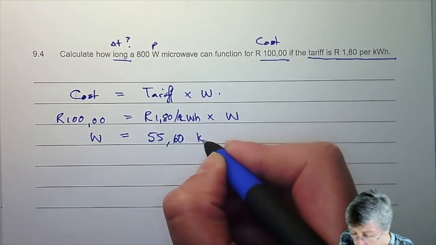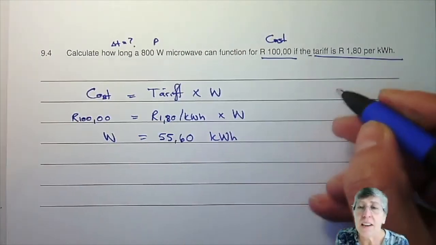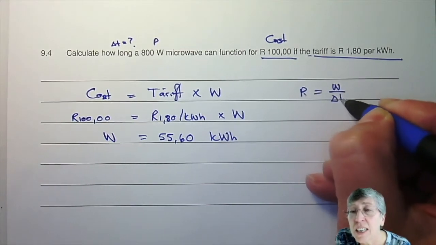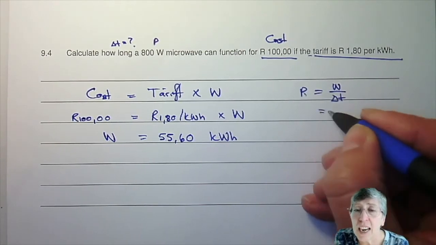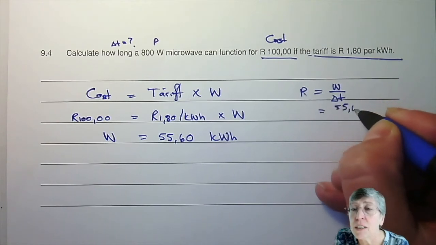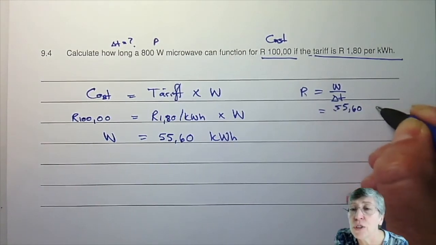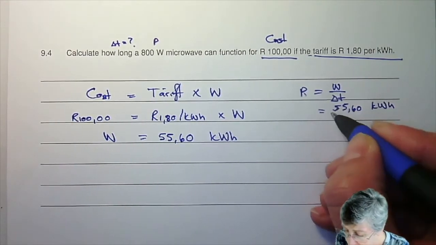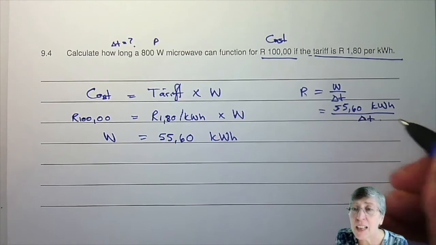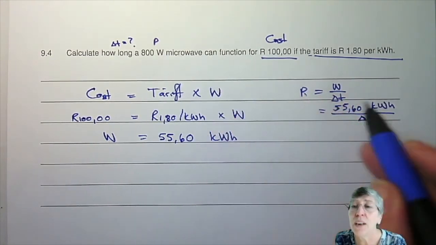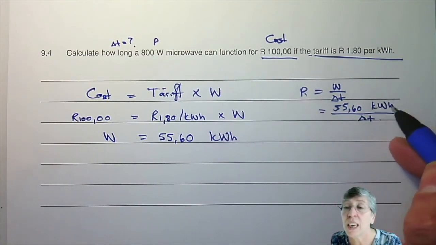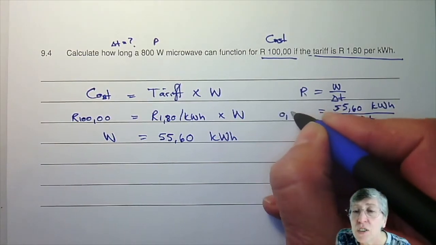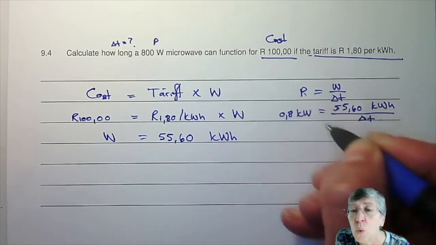And that ends up being 55.60 kilowatt hours. And now I'm going to say, okay, so let's use P equals W over delta T. Now we've got that energy, 55.60. I'm not using joules, so I'm going to show them I'm using kilowatt hours. And I'm looking for the time. That's my unknown. And the power. Now remember, if we are working with kilowatt hours, not joules, then I need to put this in as 0.8 kilowatts.